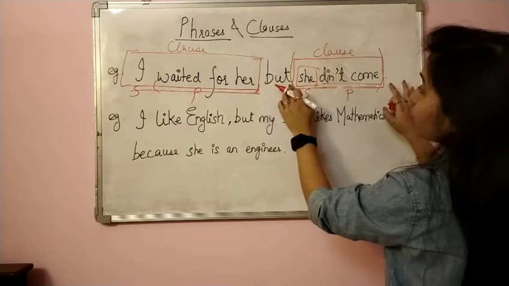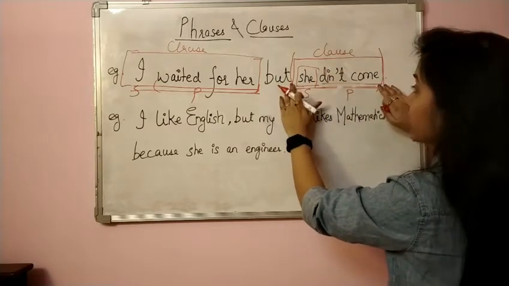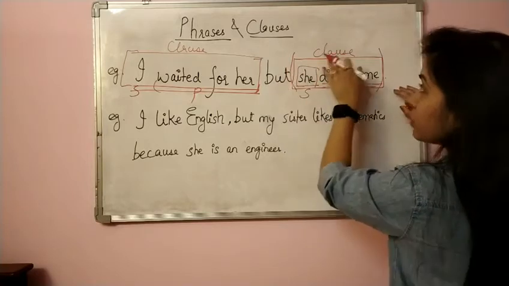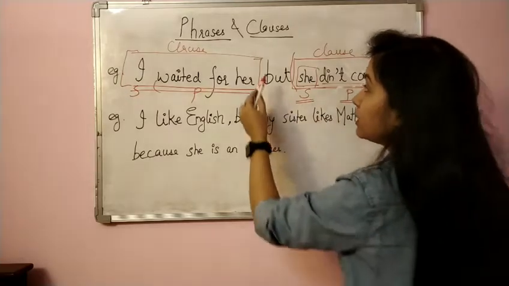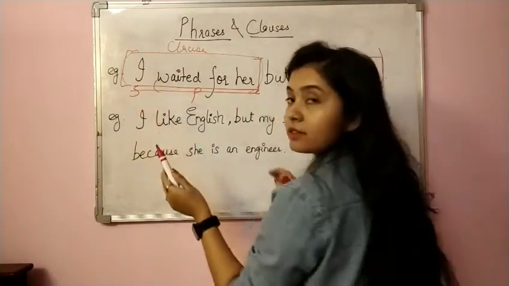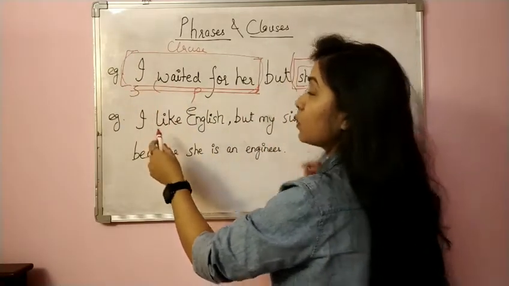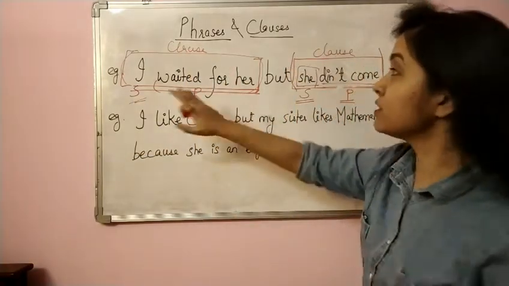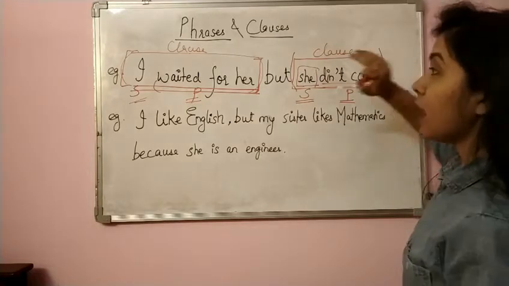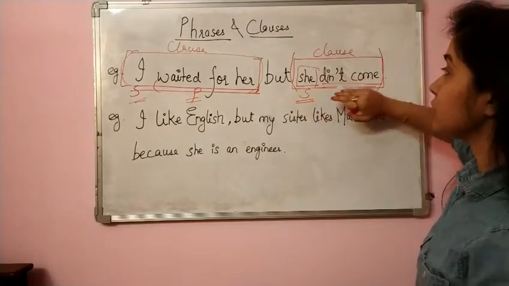A group of words which can stand alone, which has a meaning in itself, and which has a subject as well as a predicate, is known as a clause.